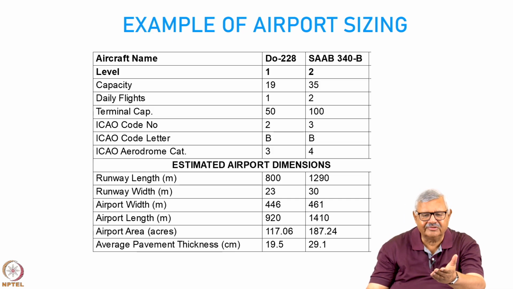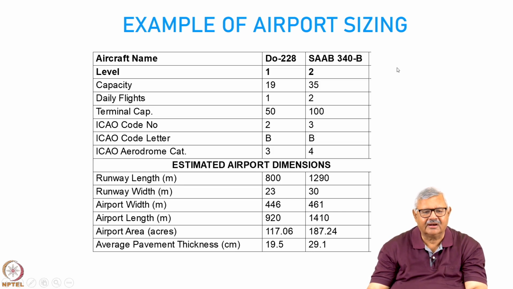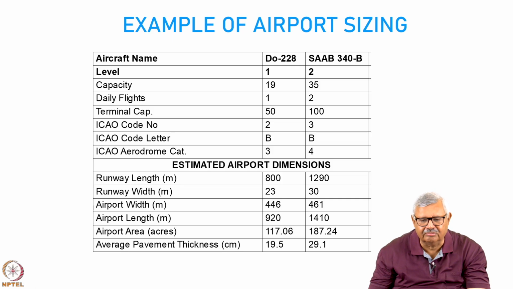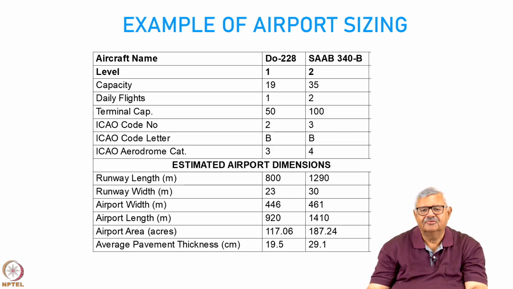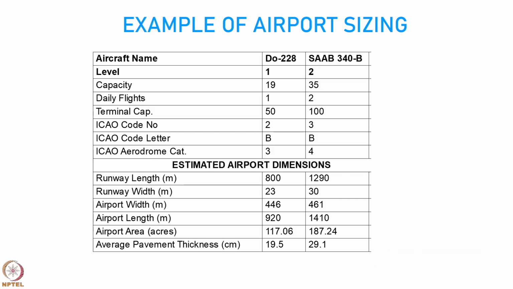Now runway length also increases, width also increases, because width is based on ICAO regulations, based on the aircraft parameters. You can manage with approximately same width, but now you have nearly 1.5 kilometer length because of the runway length itself being 1290 meters. So you require 187 acres of area, and the pavement thickness is also larger because of the heavier aircraft.